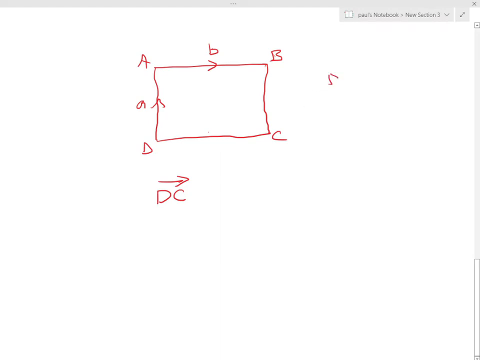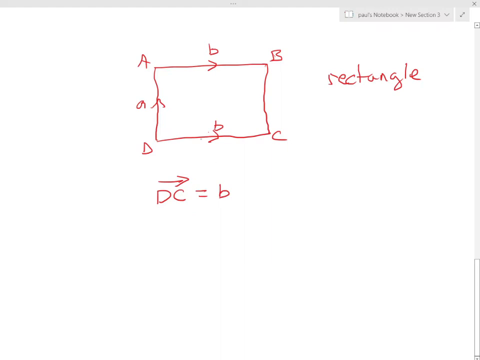Well, we know that this is a rectangle. And with a rectangle, the sides are parallel, same length, so this is also B. This is also B. So from D to C, it's just simply B.